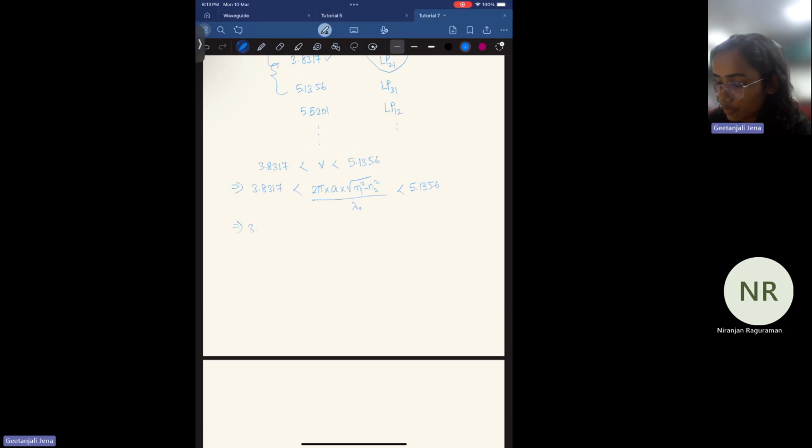So this will be 3.8317 less than 2 pi A, which is 3 micrometer, times the root of 1.5 square minus 1.49 square, over lambda 0, less than 5.1356.